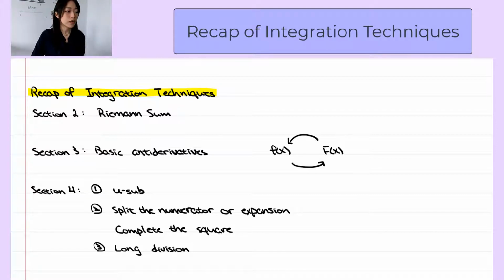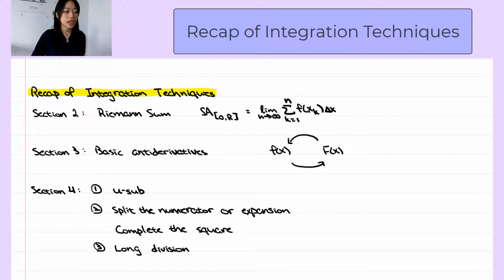So from this section, we learned that the signed area over an interval, for example 0 to r, by definition is the limit as n approaches infinity, where n is the number of subintervals, of the sum of f of xk, which is the height of each rectangle, times dx, and the summation starts from k equals 1 to n.